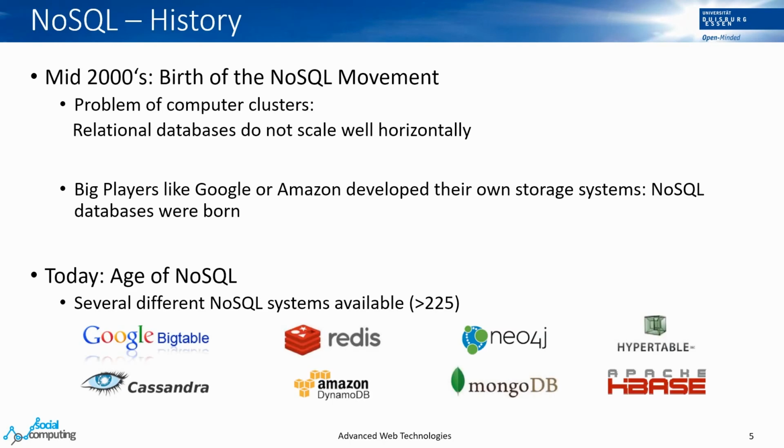In terms of history, NoSQL databases emerged around the mid 2000s. During that time, the internet was getting a lot of popularity, and most systems, applications, and companies were going online. Big companies like Google and Amazon were facing problems because many people were trying to access their systems and store their data.